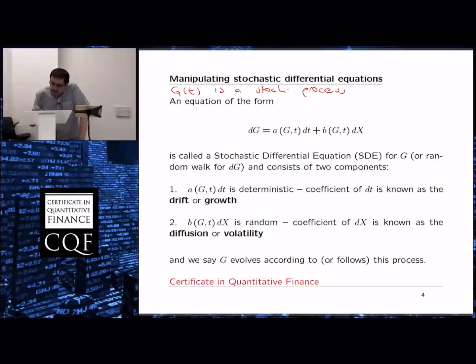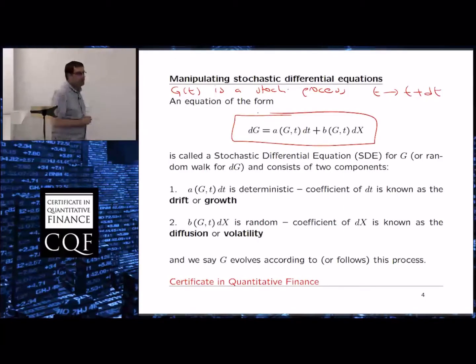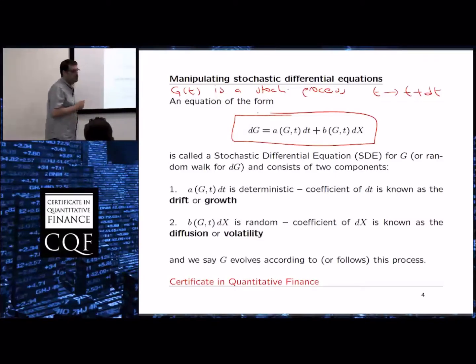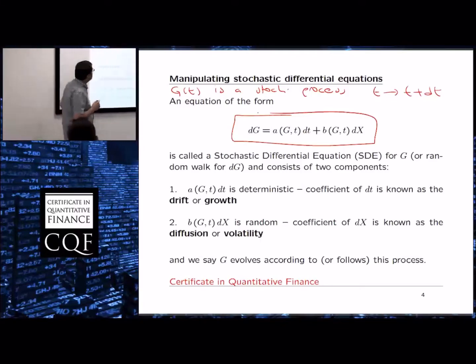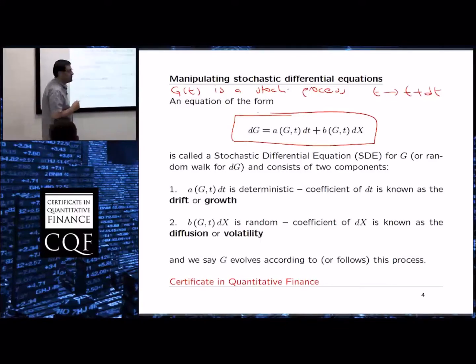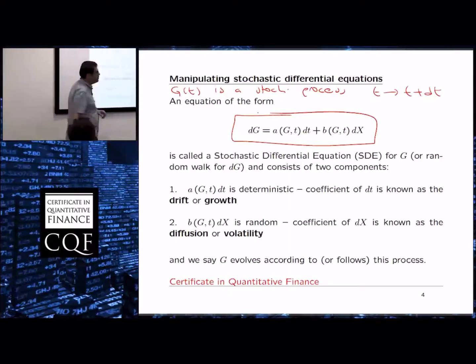In other words, as we go from t to t plus dt, this is what G looks like. So remember we said that we can either call this a stochastic differential equation for G or a random walk for dG. Whether we say an SDE for G or a random walk for dG, we're talking about exactly the same thing. And notice it has two components.